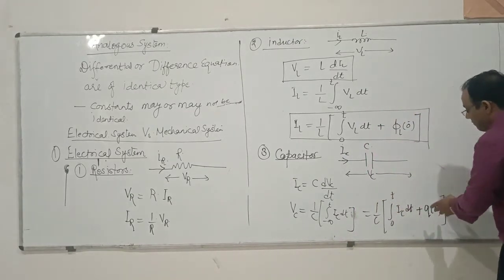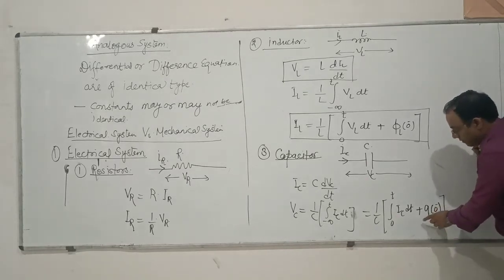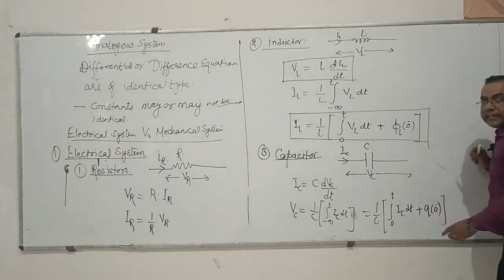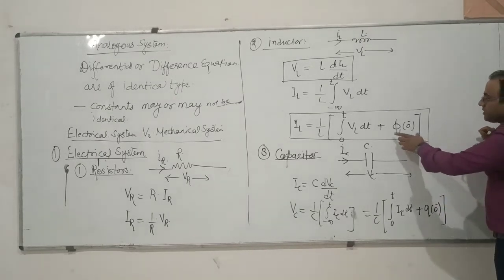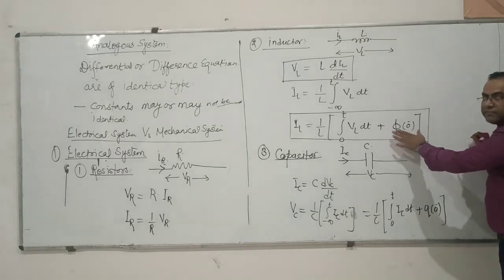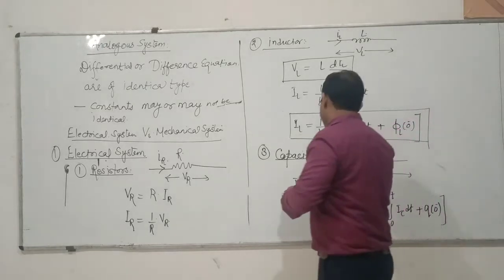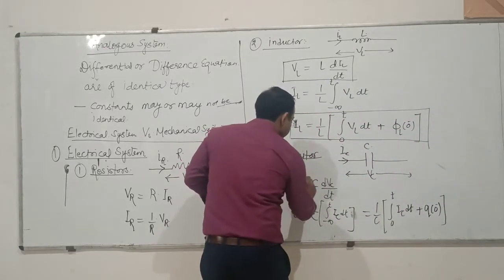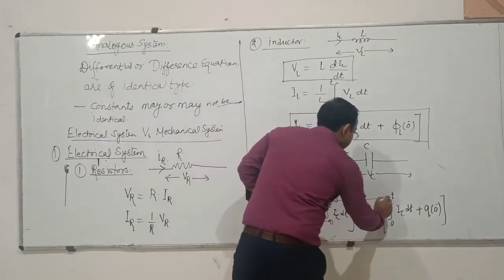So if we have an initial condition, we take it as charge, whereas the initial condition in an inductor is in the form of flux. Alright, so here we have the two equations, IC and VC.